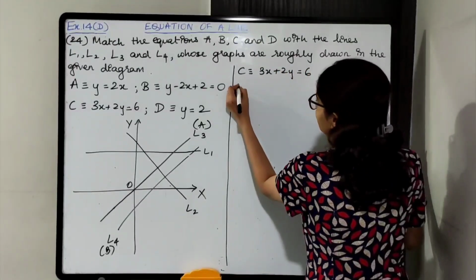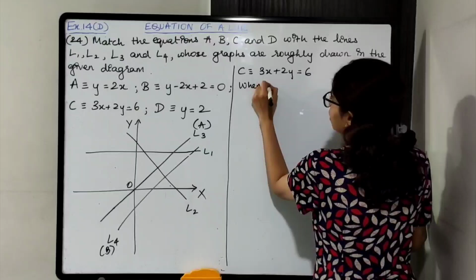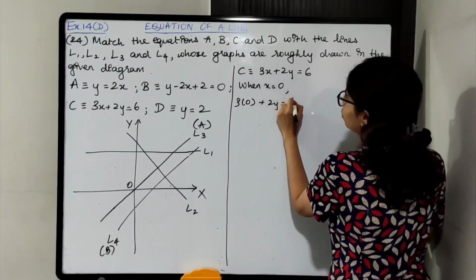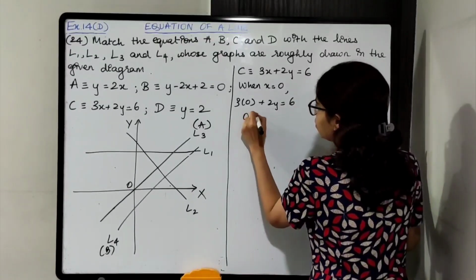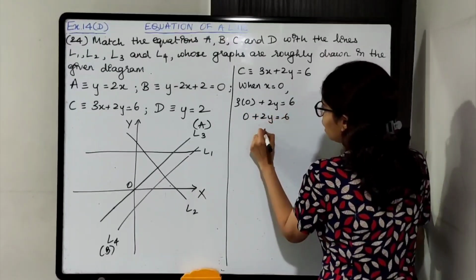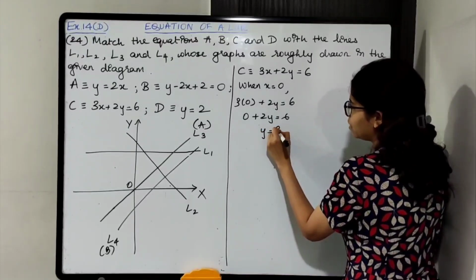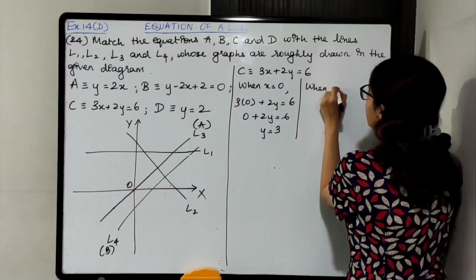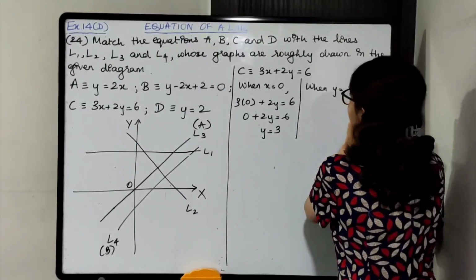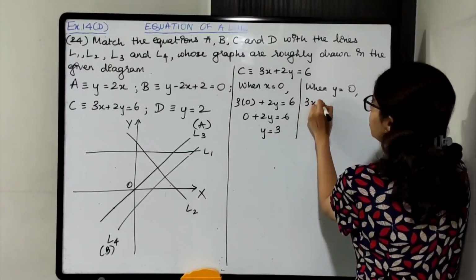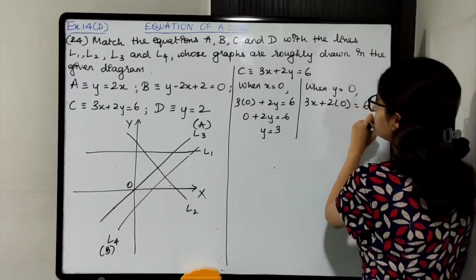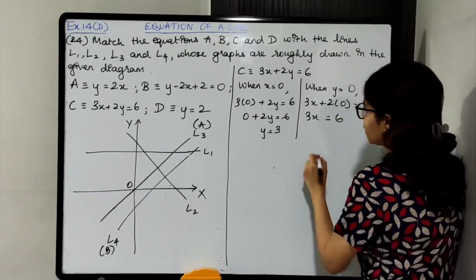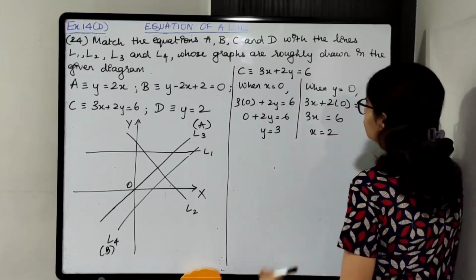So when x is 0, then 3 into 0 plus 2y is equal to 6. So 0 plus 2y is 6, that is y we are getting as 6/2, that is 3. When y is equal to 0, then 3x plus 2 into 0 is equal to 6. So 3x is equal to 6, so x we are getting as 2.